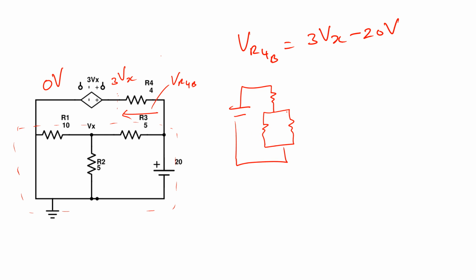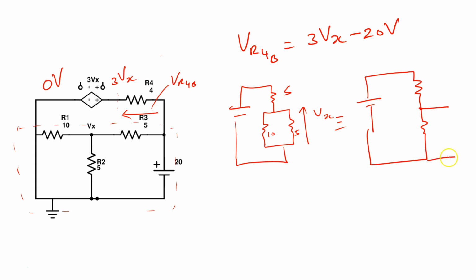Vx is essentially the voltage across here. So we have 5, 10, 5. We could further reduce this to 5, and this is 10 in parallel with 5, which is 50 over 15 ohms.